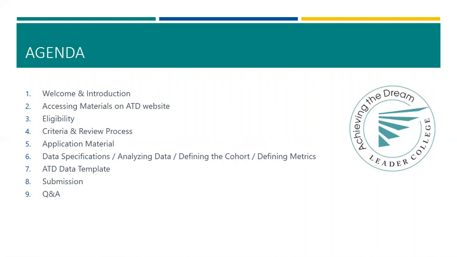In addition, we will provide you details regarding data specifications, analyzing data, defining the cohort, defining metrics, and walk you through the ATD data template. In closing, you will be given information on how to submit your completed application. Time will be allotted to answer any questions you may have following the presentation. So let's get started.